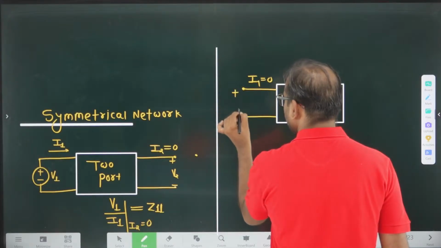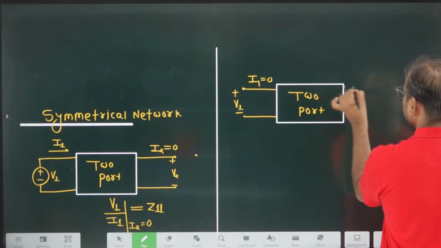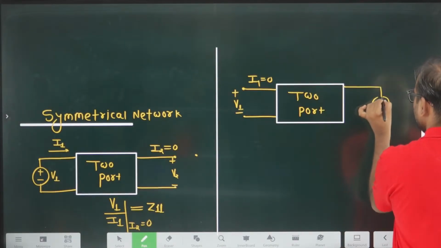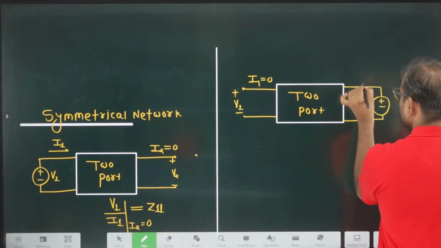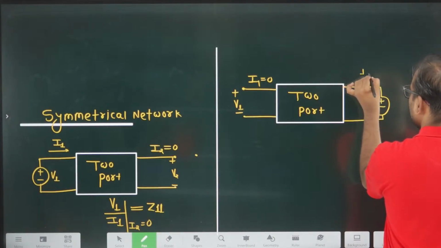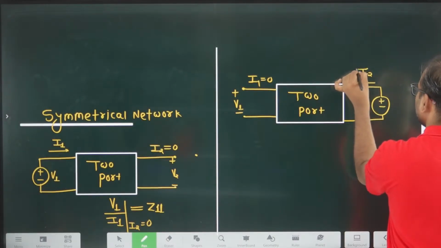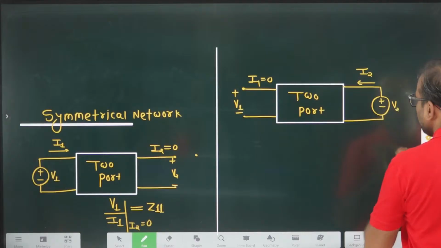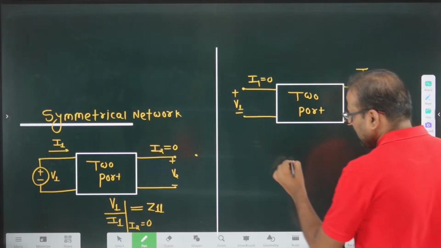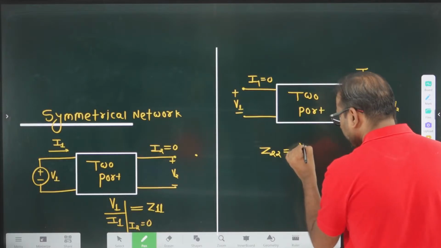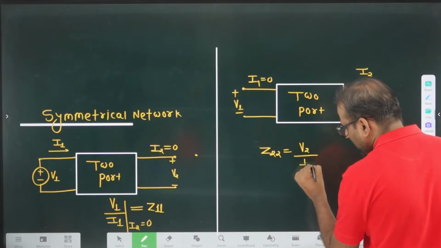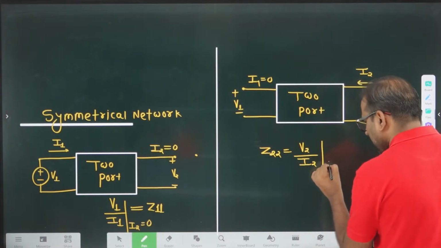This is your V1, but I am interested in this ratio, the driving point impedance at port number 2. I am calling this point V2 and this current I2. And what is Z22? Z22 is the ratio of V2 divided by I2 by making I1 equal to 0.